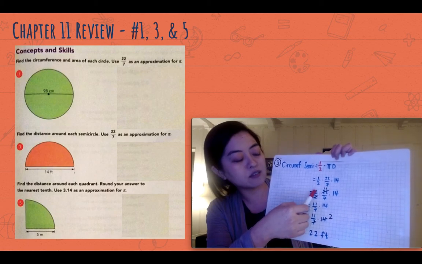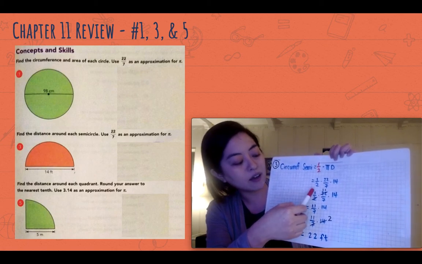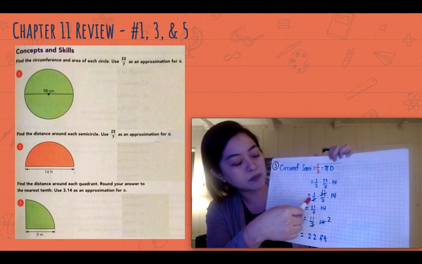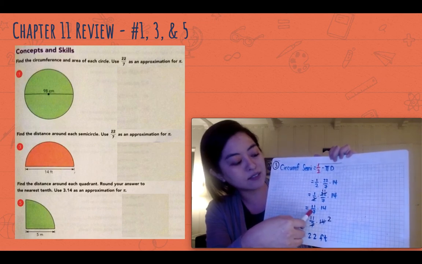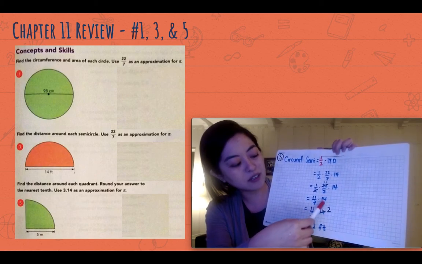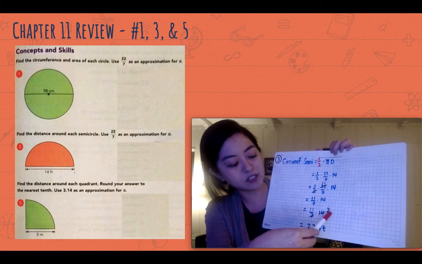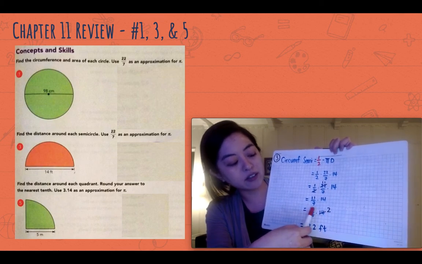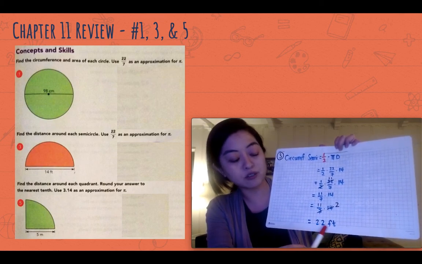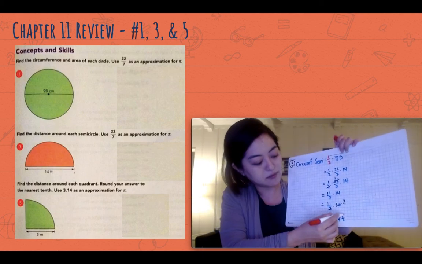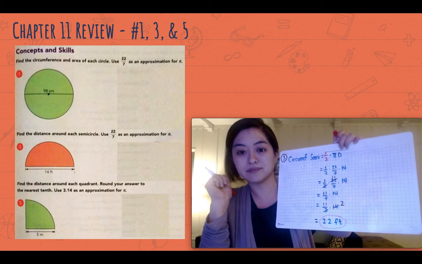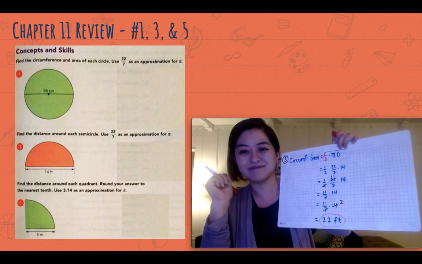And I like this because I can do 22 divided by 2, which is 11. So then now I have 11/7 times 14. And again, I like this because I can do 14 divided by 7, which is 2. So now I have 11 times 2, which is 22 feet.